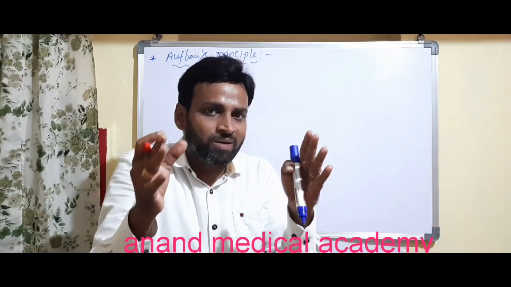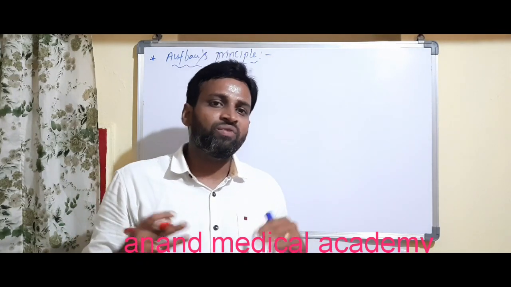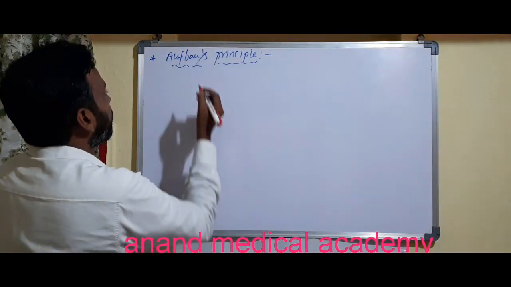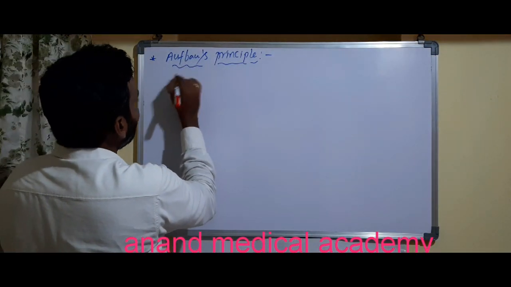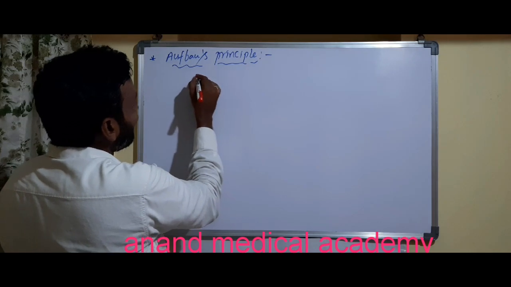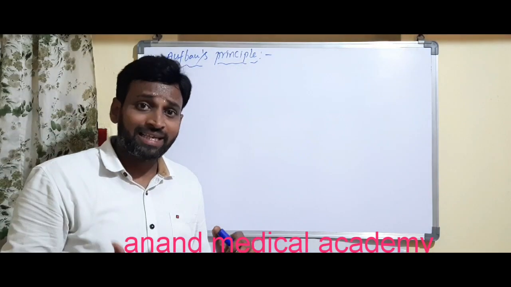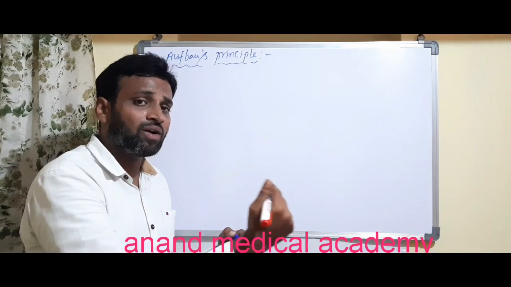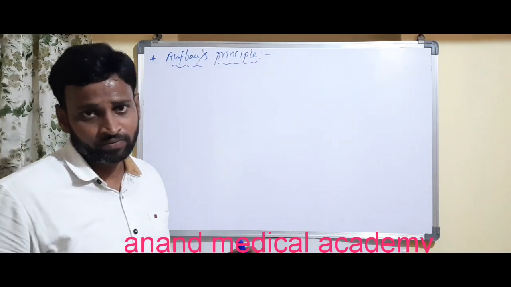But what is the measurement to fill electrons in various subshells? That is very, very important for us. Let's see what he told. According to the Aufbau principle, electrons must fill in various subshells in the increasing order of their energies.